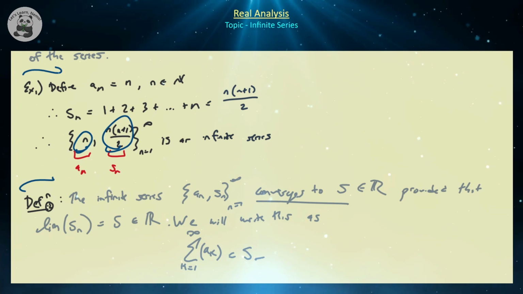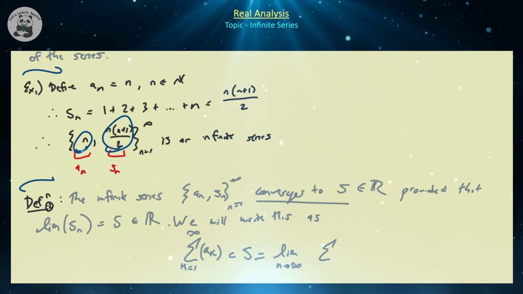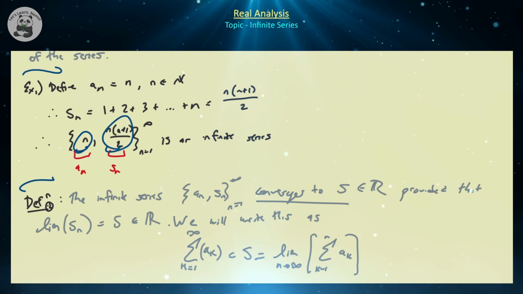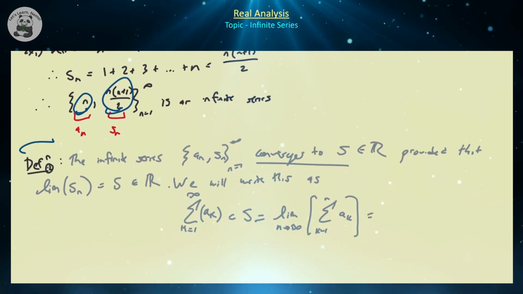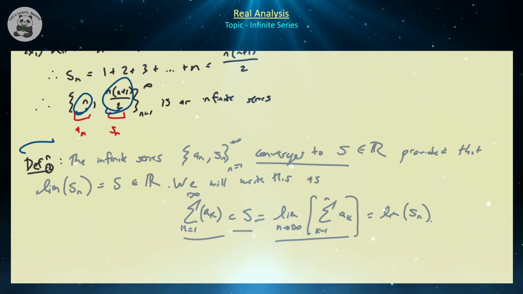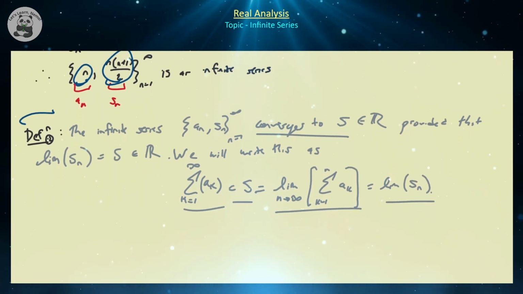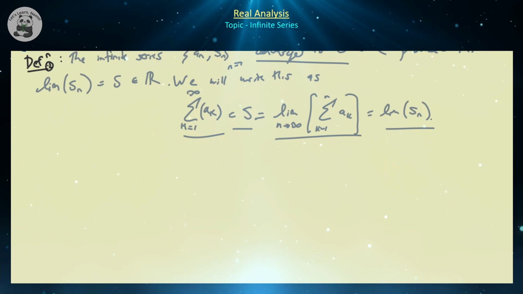So we can write this equivalently as the limit as n goes to infinity of the sum from k equals 1 to n of a_k. So the limit of an infinite series, or the value of an infinite series, is just the limit of the partial sums S_n. Okay, so that's a couple of different ways of writing the limit of an infinite series, provided that it even exists.